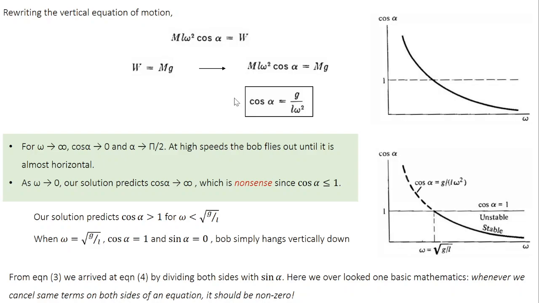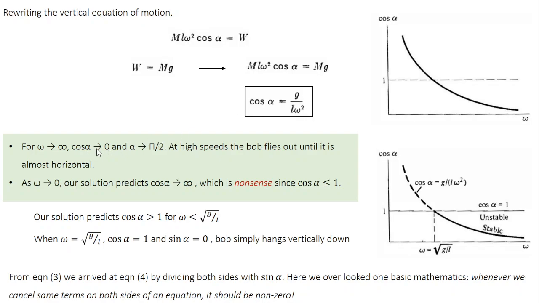Now what we will do is we will plot cos alpha as a function of omega. So this is how you get the solution. Let's look at the two extreme endpoints. First here, as omega tends to infinity, you can see omega is in the denominator. So when omega goes to infinity, this term goes to 0.